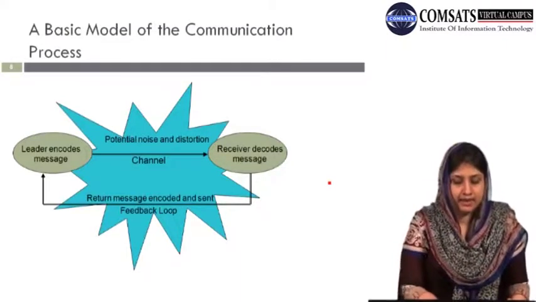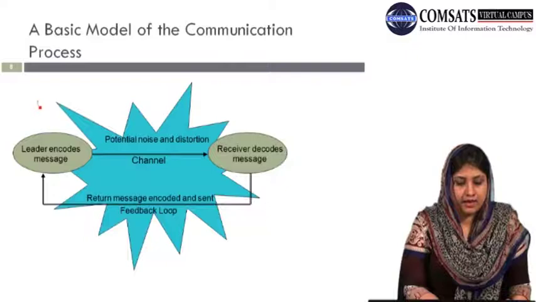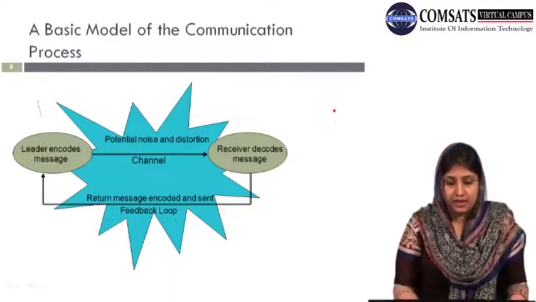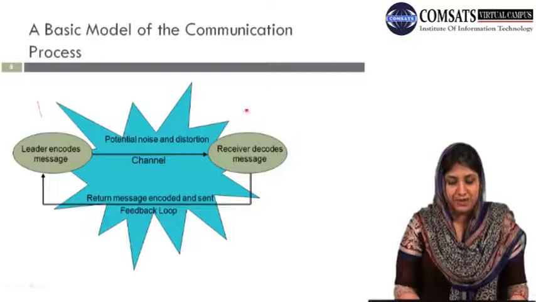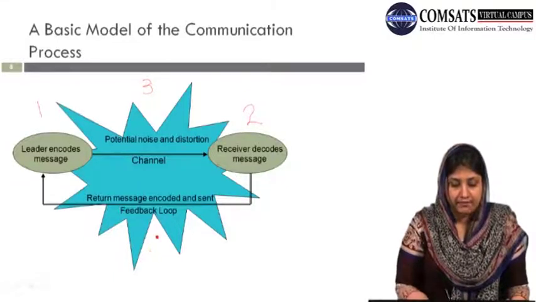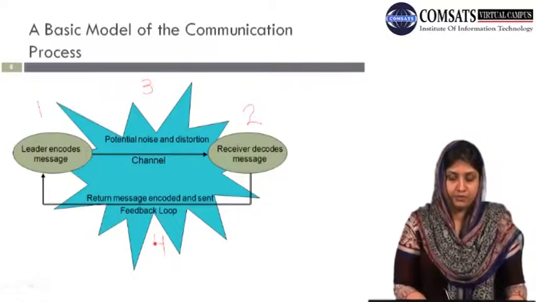So look at that. We talked about the leader encodes message, because we're talking about leadership in communication. We talked about the receiver decodes message. Then we have the channel, the carrier, potential noise and distortion. And then we have the return message encoded and sent, the feedback loop.